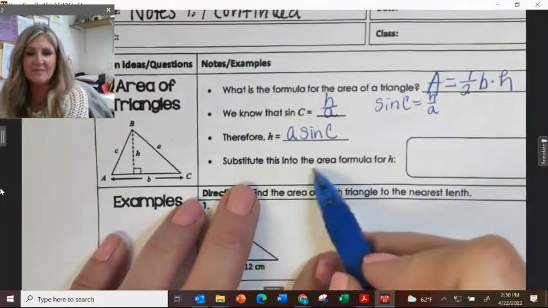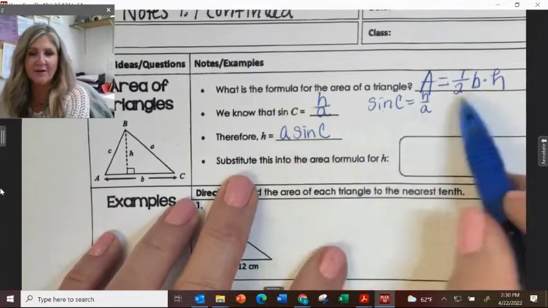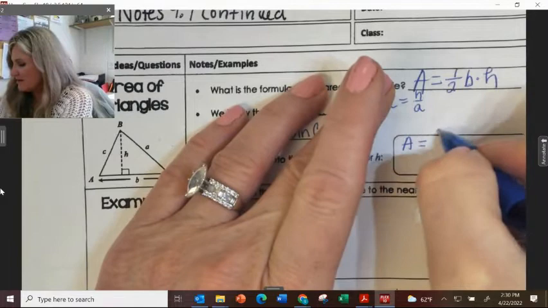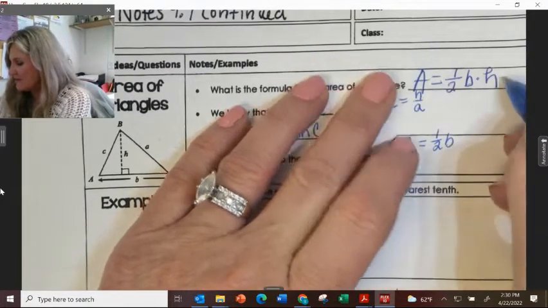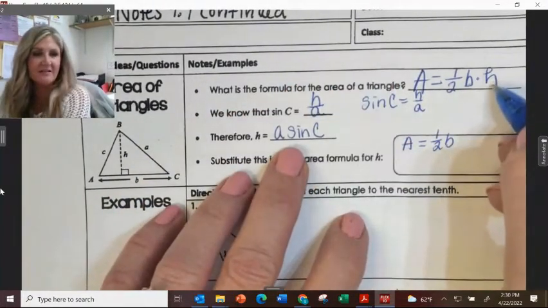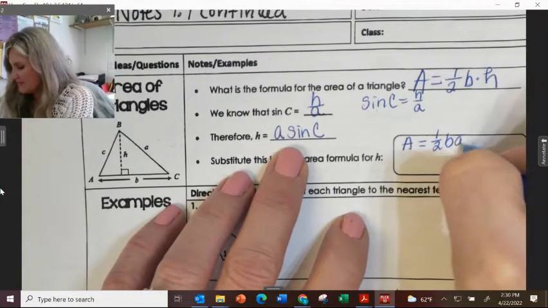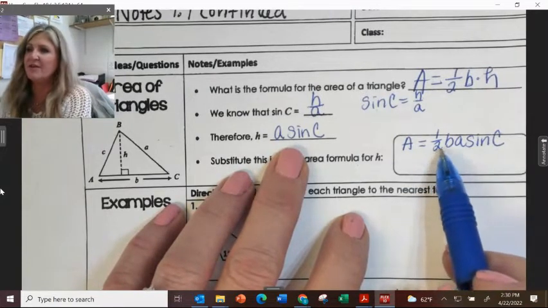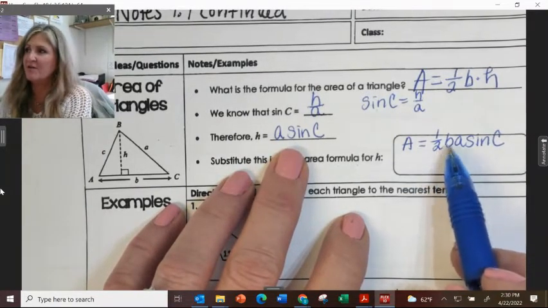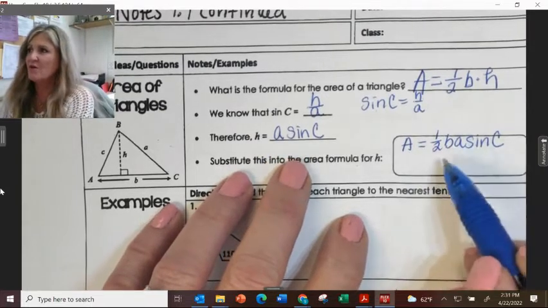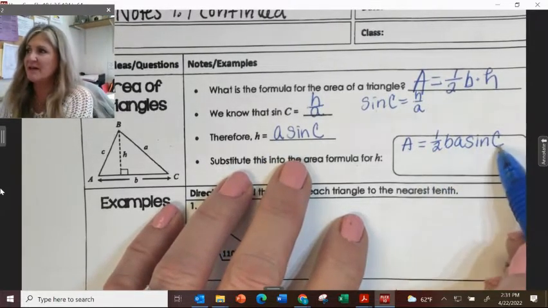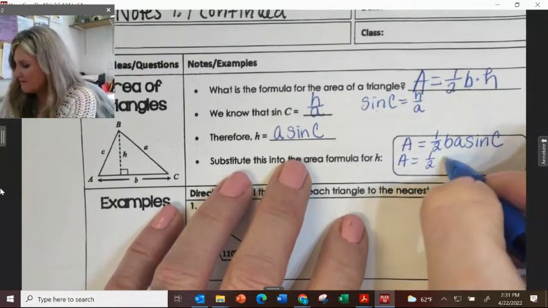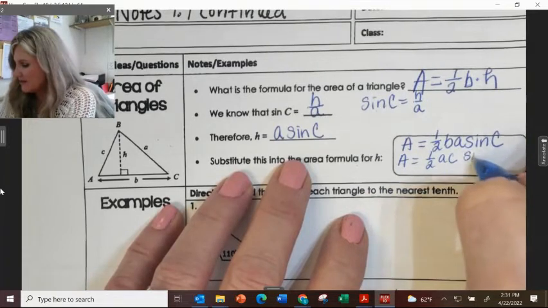And now we're going to substitute that into our area formula. So our area formula then is going to be 1/2 base, and then what's another name for the height? A sine C. So that's a formula that we can use to find the area of a triangle. 1/2 AB sine C. What do you think another formula would be? 1/2 AC sine what?